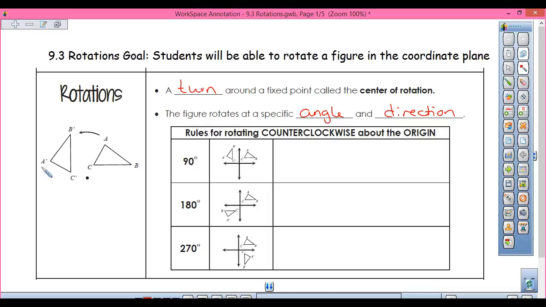So 90 degrees is going to be (x, y) maps onto (negative y, x). 180 is (x, y) maps onto (negative x, negative y).